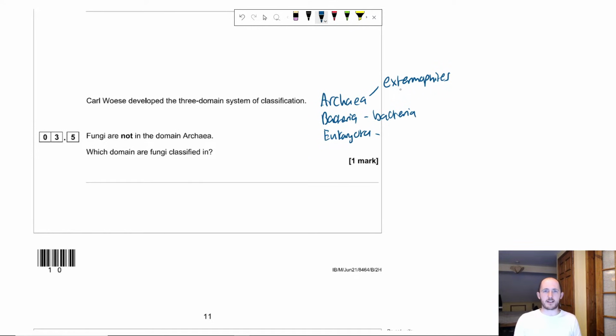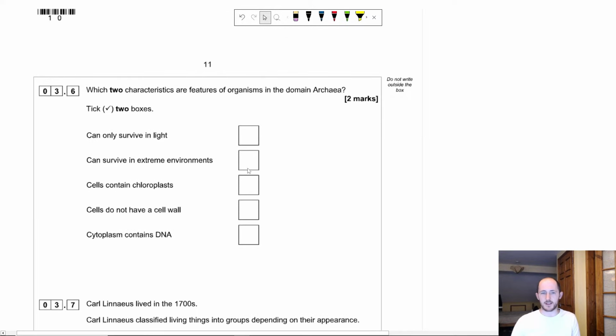And eukaryota are things like plants, fungi, animals, etc. So all of the kind of normal stuff that we think of. So I just kind of gave away the answer. Fungi are not in this domain. They're actually in the eukaryota domain. And a fun fact, fungi actually have more in common with animals than they do with plants. So, yeah, definitely eukaryota.